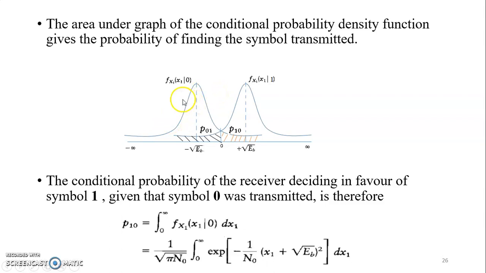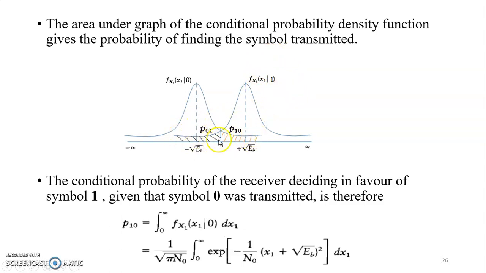If we integrate fX1 of x1 given 0 over the interval minus infinity to 0, it gives the probability of 0 being transmitted, the correct probability. Similarly, if we integrate fX1 of x1 given 1 over the interval 0 to infinity, it gives the probability of 1 being transmitted. That is the correct probability.